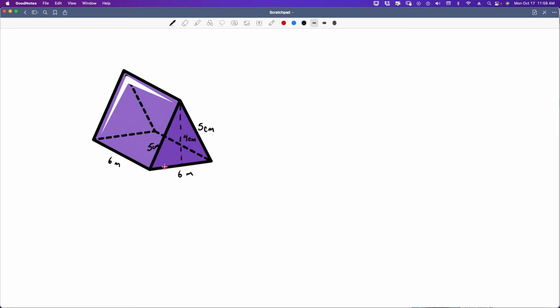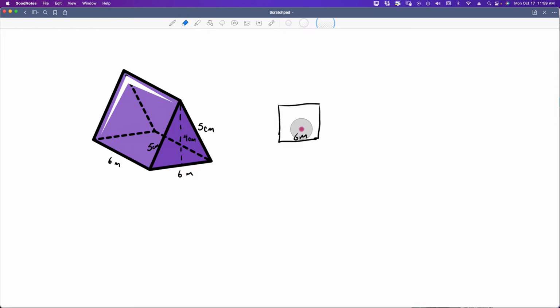I always like to start with the base. Here's the base. And the base of this, we see here, this is 6, this is the front. So this is 6 centimeters. Actually, it's a cube now that I look at it, because we have 6 centimeters.